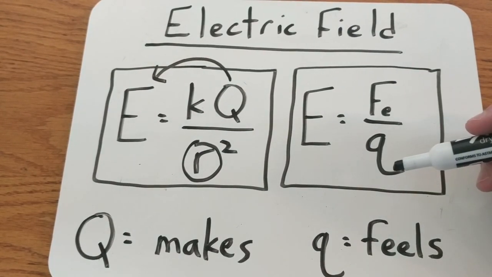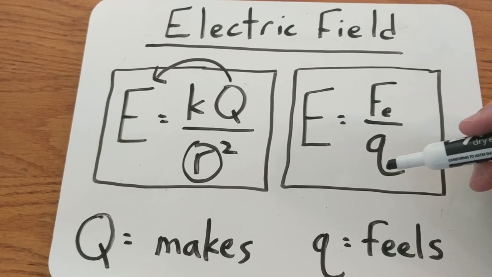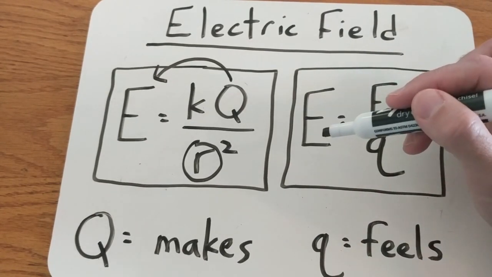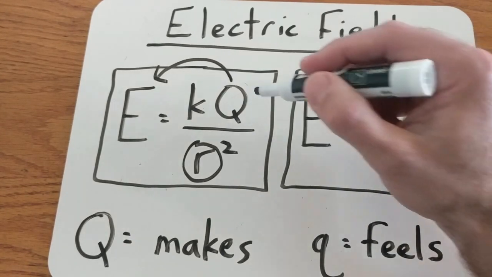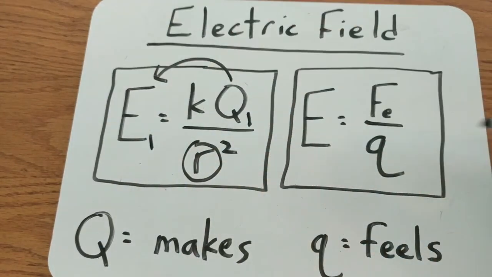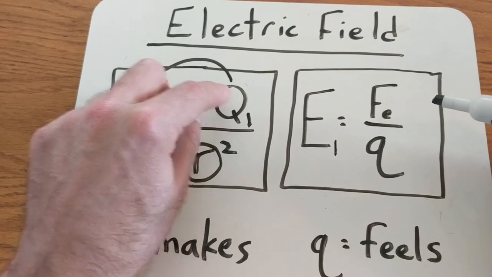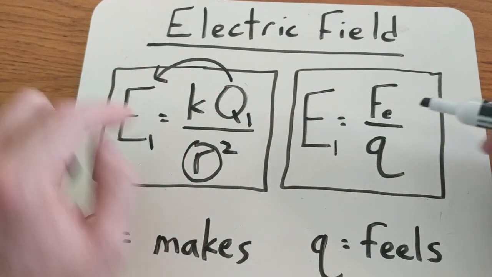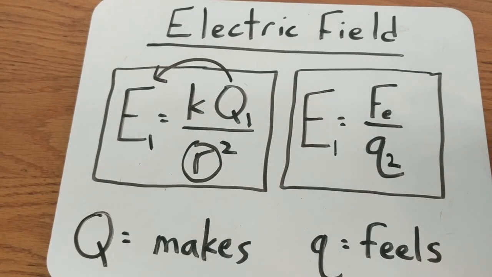Now in our other equation over here, little q feels. Little q experiences the force. Little q is a charge that is in somebody else's electric field. So if I had big Q1, that makes electric field 1. Then this is little q2, that is the other charge.